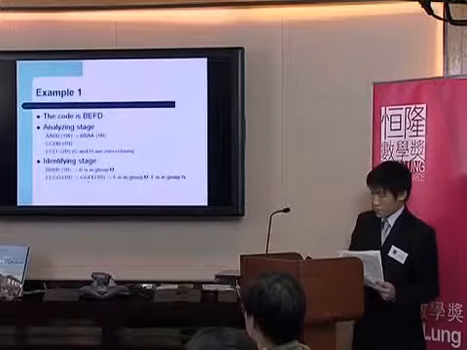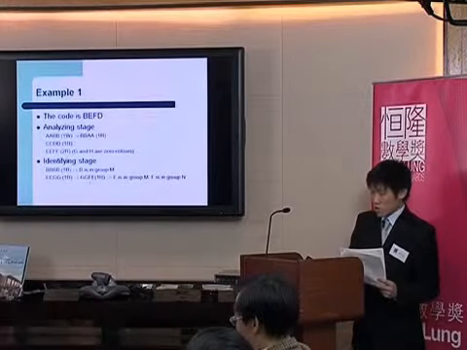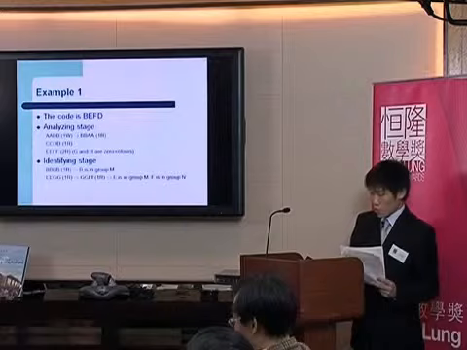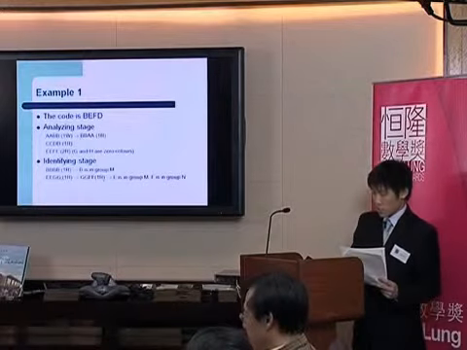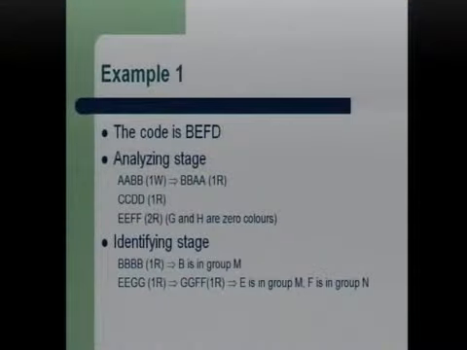Similarly, we know that G is a 0 color. So from trial 3, we enter EEGG, and we get 1 red indicator. By partition rule, we know that GGFF will also award 1 red indicator, so that they add up to 2 red indicators in the trial EEFF here.